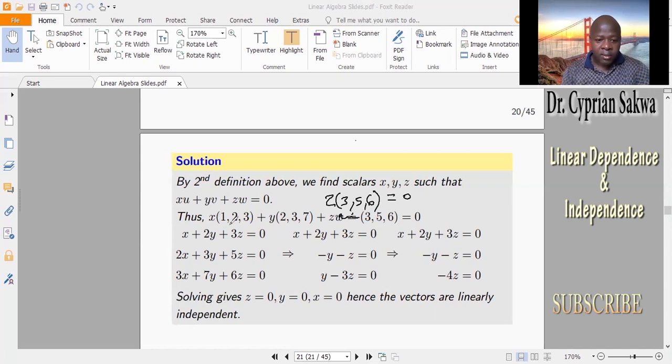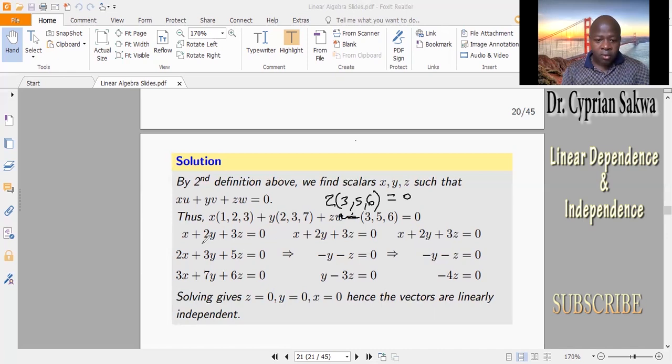And then x times the second element, y times the second element, and z times the second element gives us 0. X times the third element, that is 3x, plus y times the third element gives us 7y, plus z times the third element gives us 6z, that's 0. So we have this system of linear equations which we reduce to echelon form, and we are already aware of how to reduce systems to echelon form.